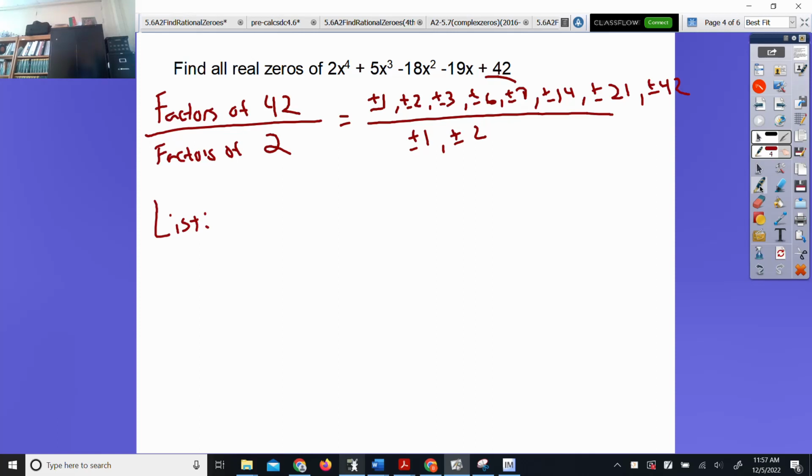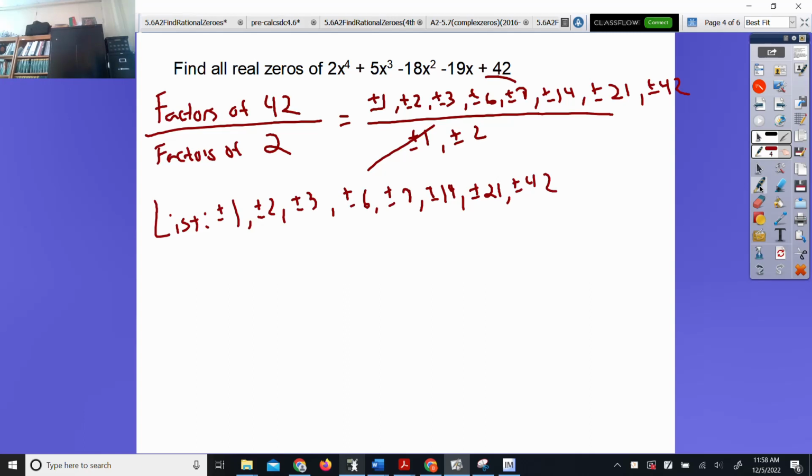What do you divide everything by? 1. That's just repetition. Now what do you divide everything by?